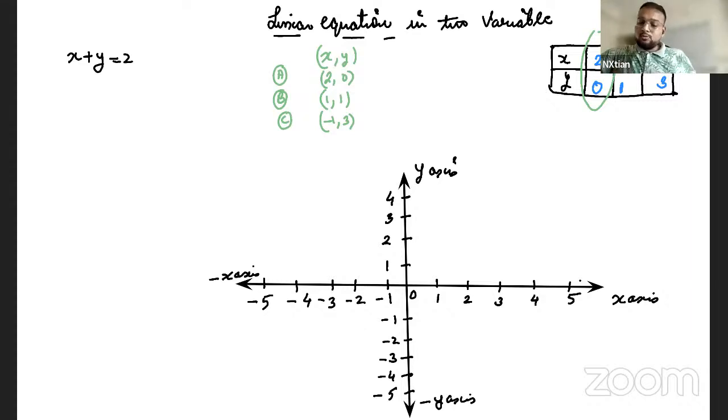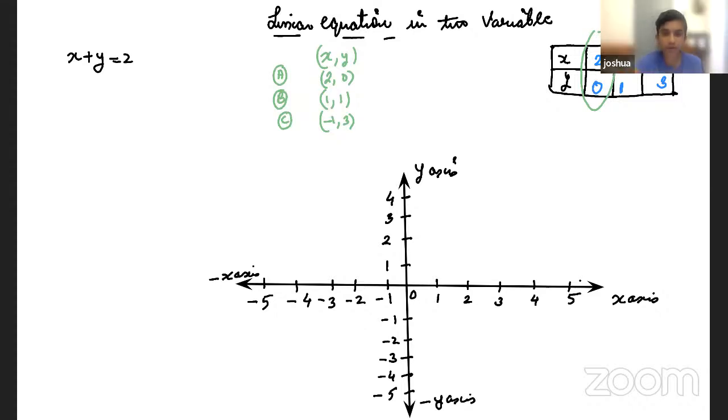Now I have to mark these points. The first point is 2 comma 0. I'll give annotation access to Joshua, and Joshua will mark these points because I want him to do this. Yesterday he missed the important class. Joshua, you can annotate now. 2 comma 0. Where will you locate that point?